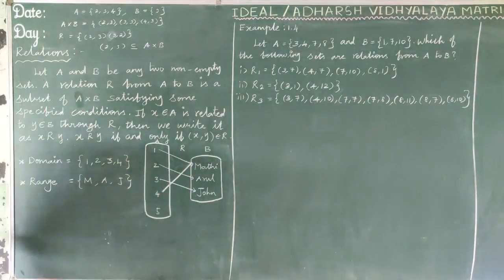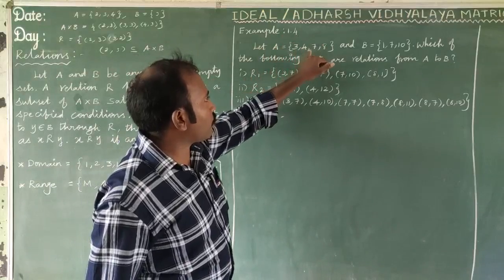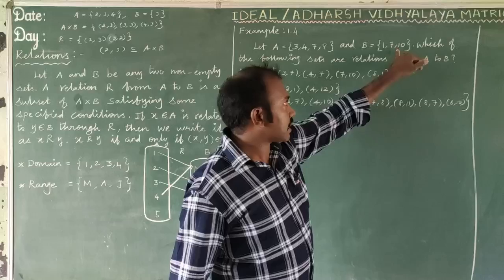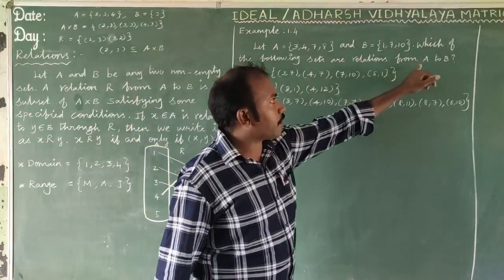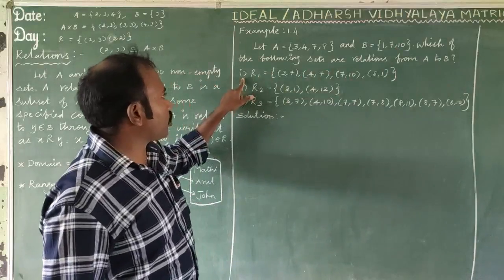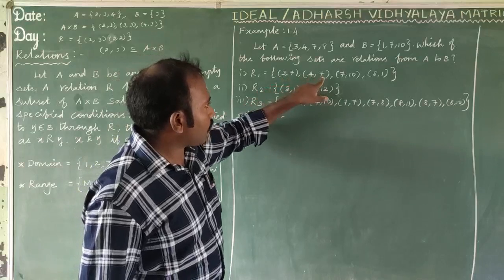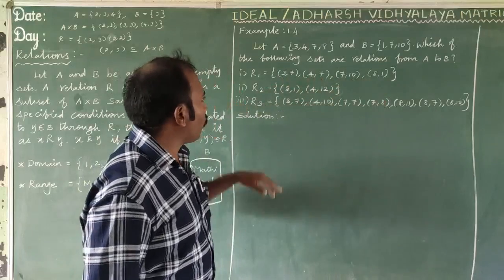Keep this in mind. Example 1.4: let A is equal to {3, 4, 7, 8} and B is equal to {1, 7, 10}. Which of the following sets are relations from A to B? First, R1 is equal to {(3, 7), (4, 7), (7, 10), (8, 1)}.